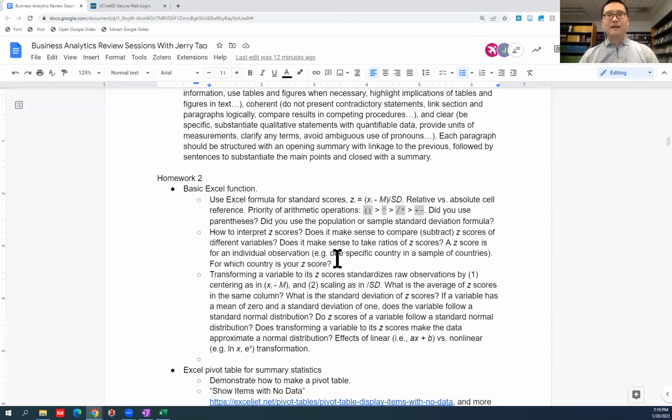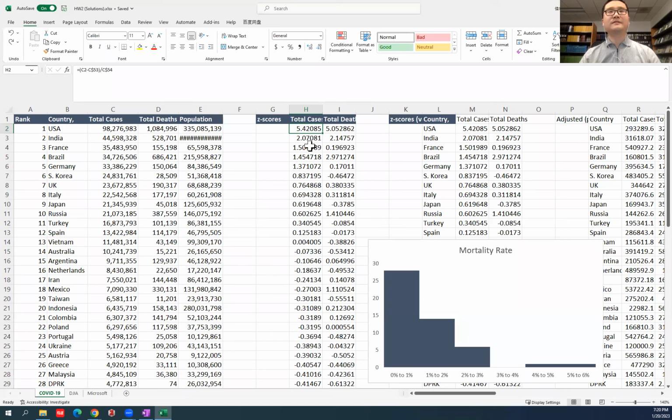All right, let's try another question. Does it make sense to compare these scores of different variables? Which means that if we compare this total cases z-score to the total deaths z-score, does it make any sense to you?